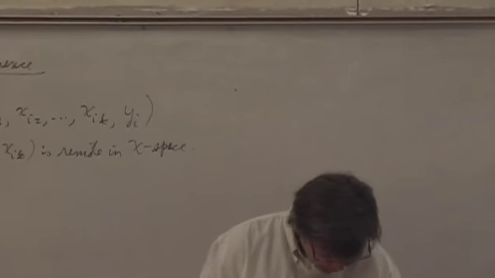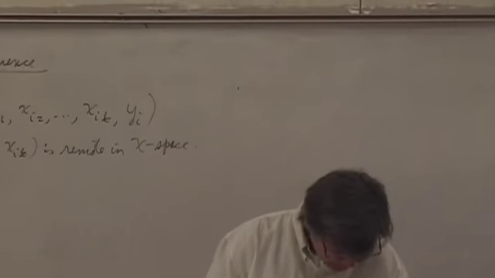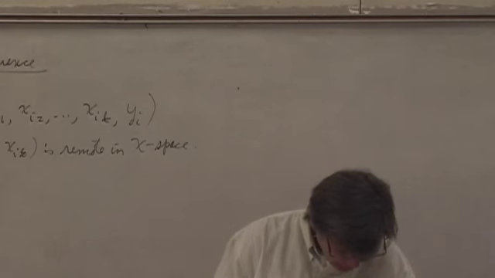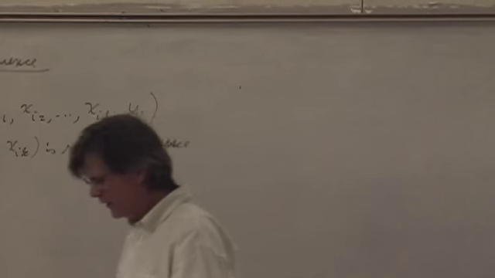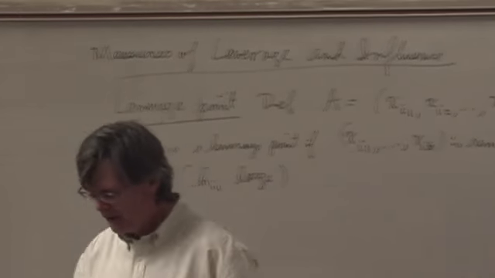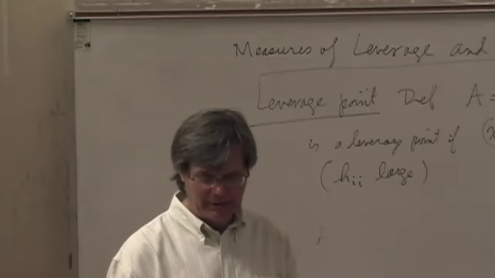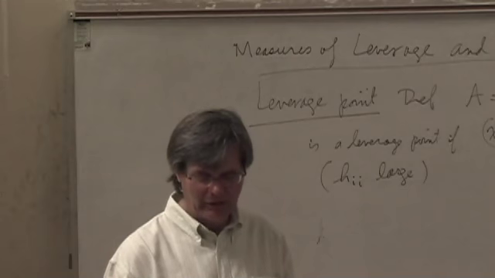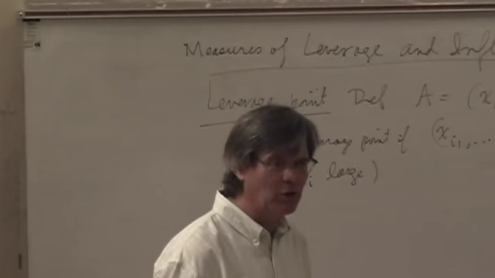But he's saying it's a leverage point, so it has unusual X value. I think I might have said something in my notes a little bit different. He tried to make it, and he said, but it wasn't really clear, such that the original data point A lies nearly on the regression surface determined by the other points is the example he's showing.